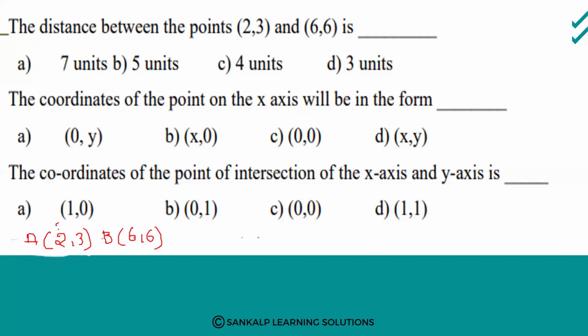So this is x1, y1. So this is x2, y2. So you know the distance formula, that is square root of x2 minus x1 whole square plus y2 minus y1 whole square, right?